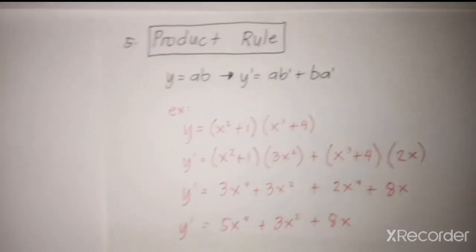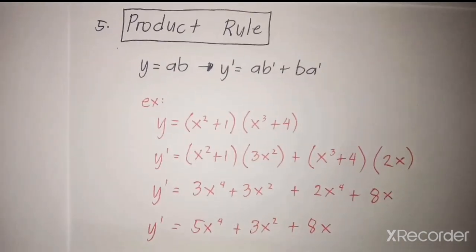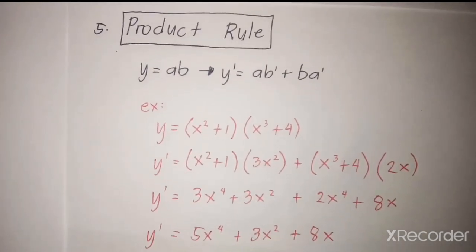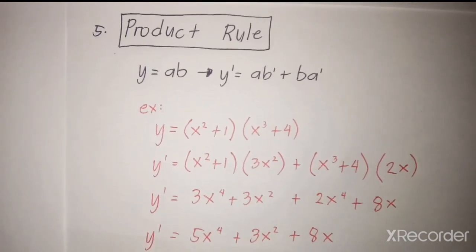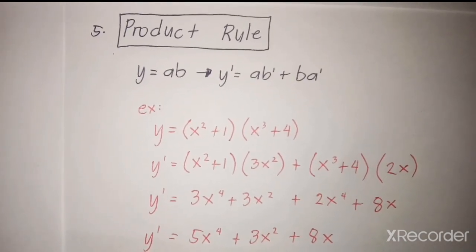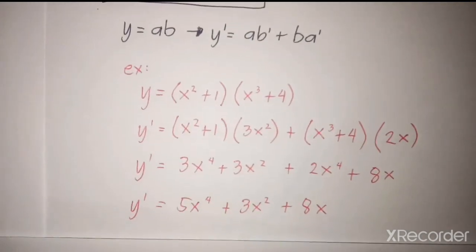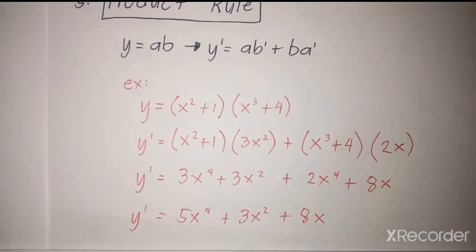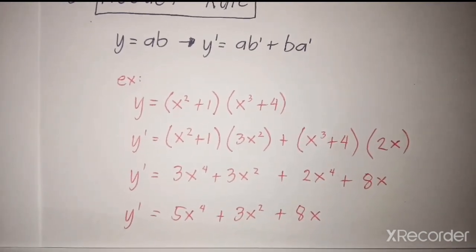And the fifth rule is the product rule, where y is equal to ab, then y prime is equal to ab prime plus b a prime. Example: y is equal to the quantity of x squared plus 1 times the quantity of x cubed plus 4.